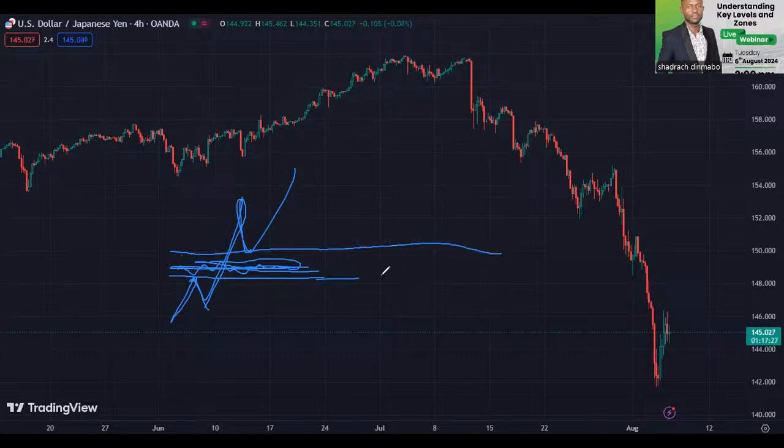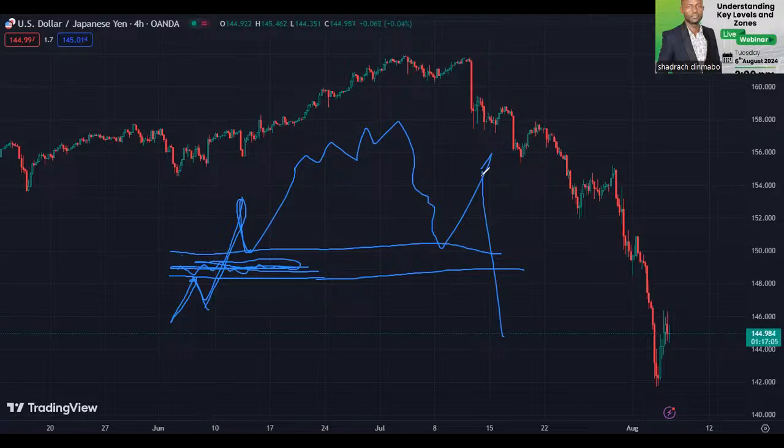Most times, whenever the market moves, goes and then comes back to that point again, it will react. It may come back again and then break it, but that first time it comes to hit that zone, it will definitely react. So that is my own concept of key levels.